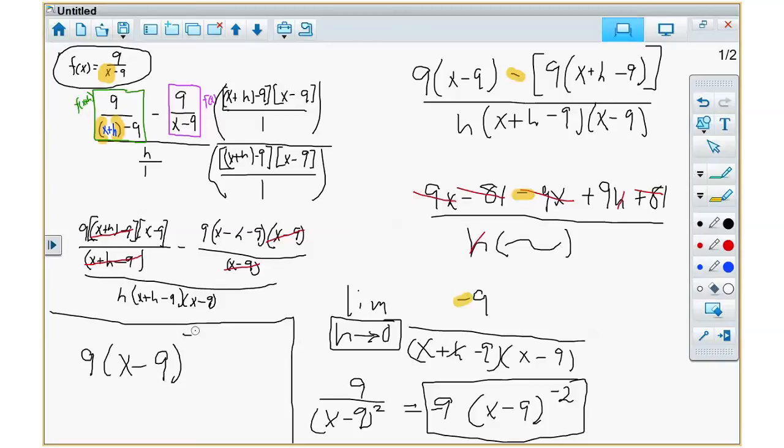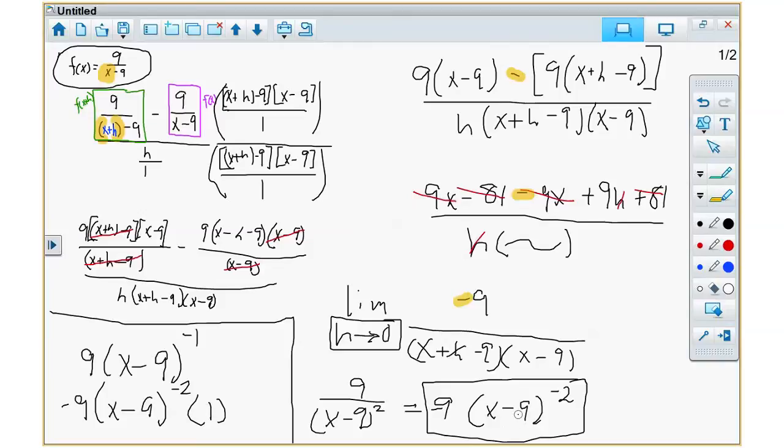Negative first power. And using the chain rule, negative 1 times 9 is what? Negative 9. x minus 9, negative 1 minus 1 is negative 2, times 1, which is the derivative of what's inside. And you get negative 9, x minus 9 to the negative what? 2.